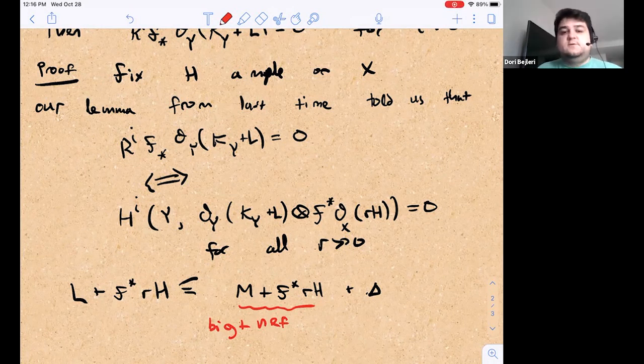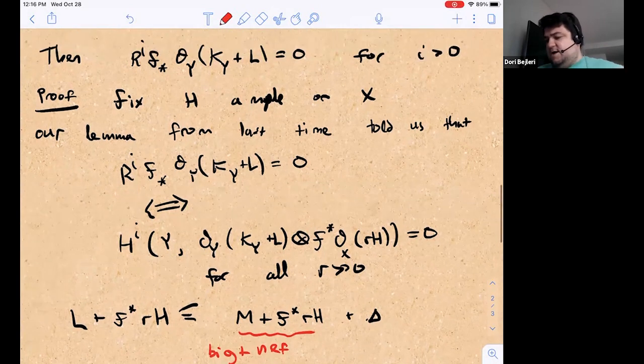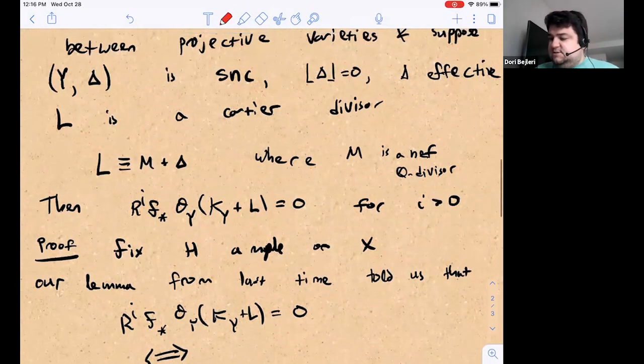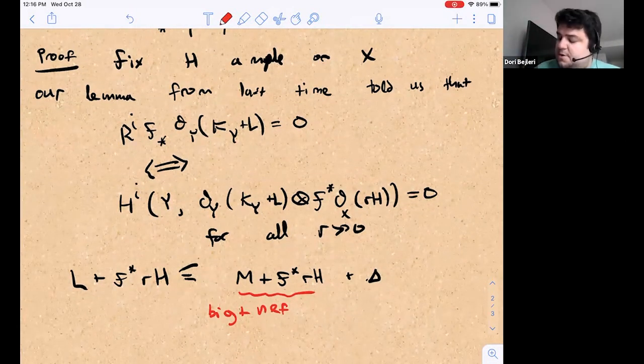So you still have dimension's worth of growth rate for your space of sections because you're pulling back this ample by a birational map. And in fact, this is why you could really generalize this to make f generically finite, because the same will be true when you pull back by a generically finite map. But for us, we just care about birational. So here, this is big in f, and then delta satisfies our assumptions.